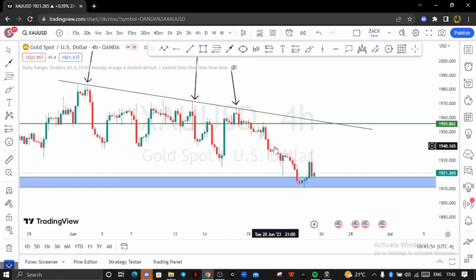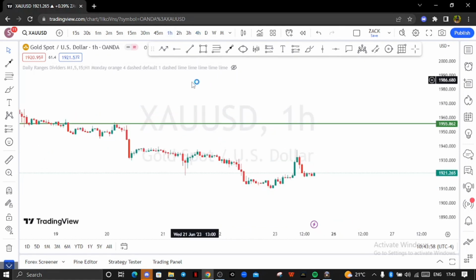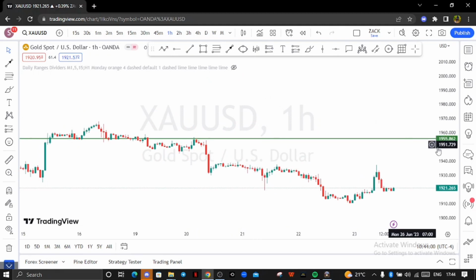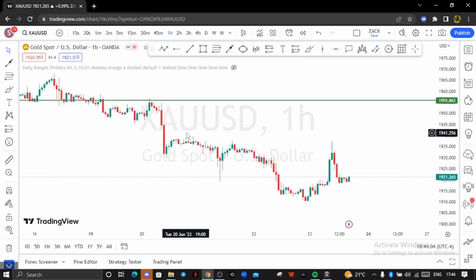Even though I understand we had some tap-ins here, maybe on the smaller time frame we could see that imbalance more clearly. Alright, yeah guys, we actually have an imbalance here. The market might come and tap in just a bit, then we can see it continue to fall further.